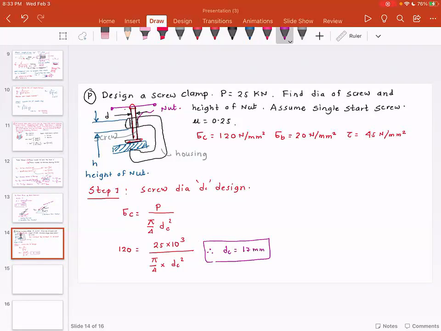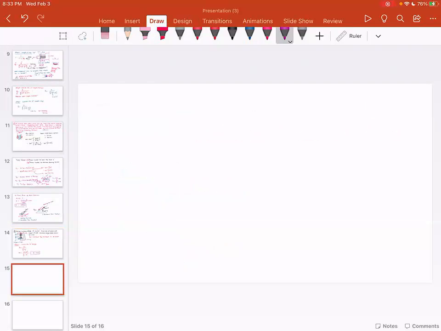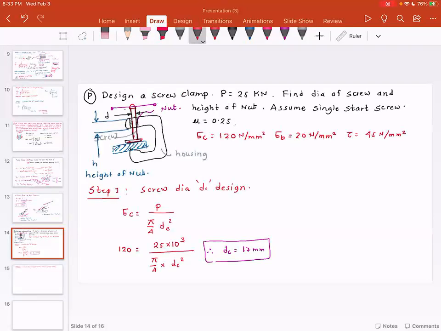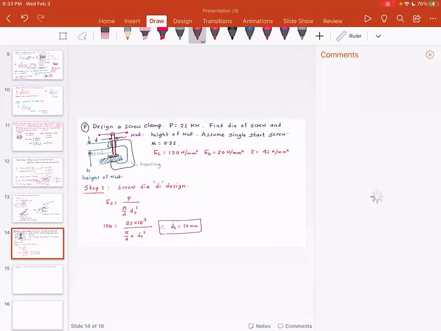Now step 2, check for principal stresses. Now this step is slightly different, and the reason I want you to understand is something like this.